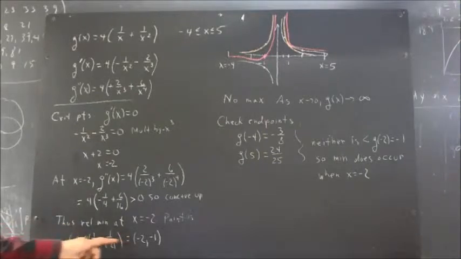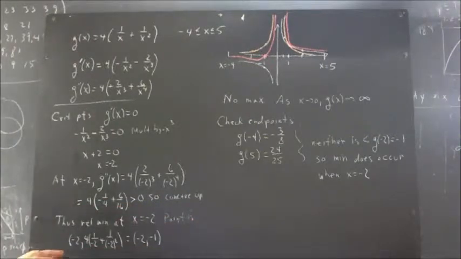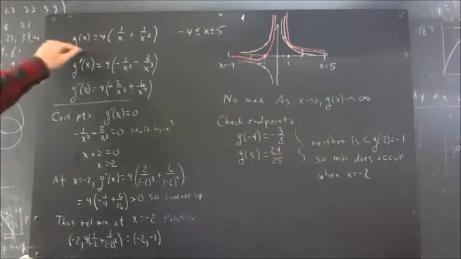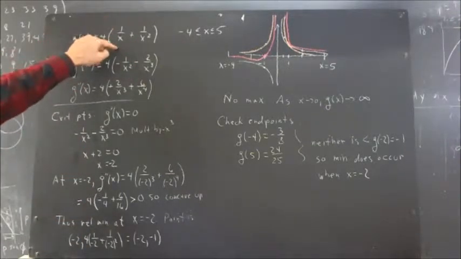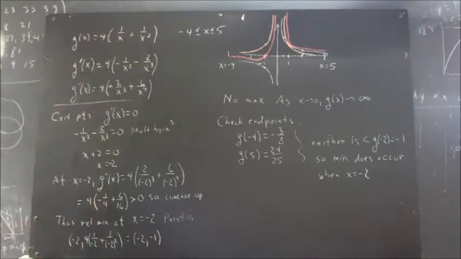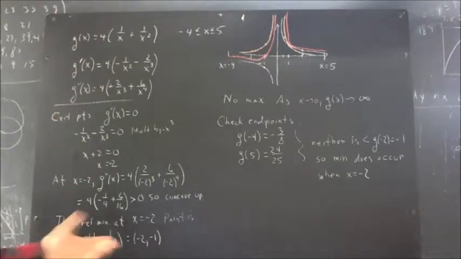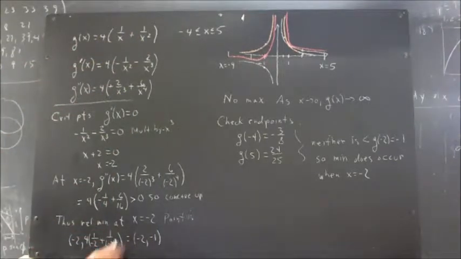The real minimum, the relative minimum, therefore, occurs at x equals negative 2, and we can get the point at which that occurs. It's at negative 2, and then we evaluate g of x at negative 2. 1 over negative 2 plus 1 over negative 2 quantity squared, and do the arithmetic and complete the parentheses while we're at it.